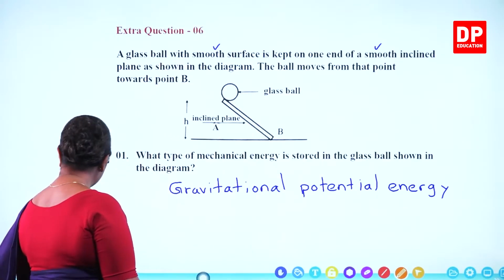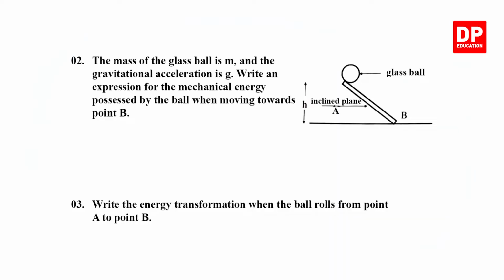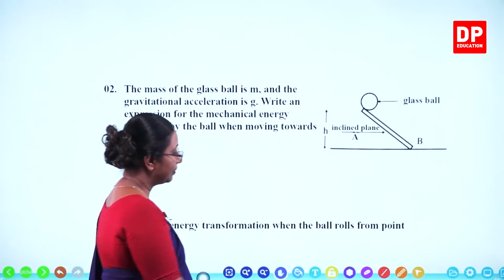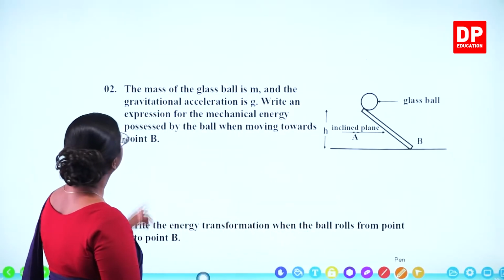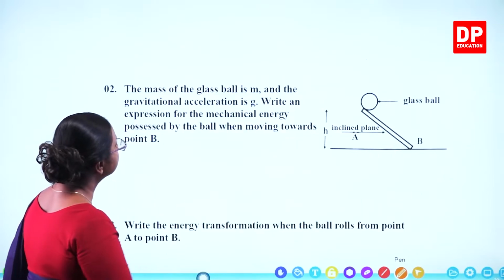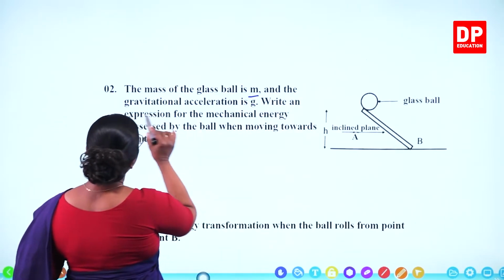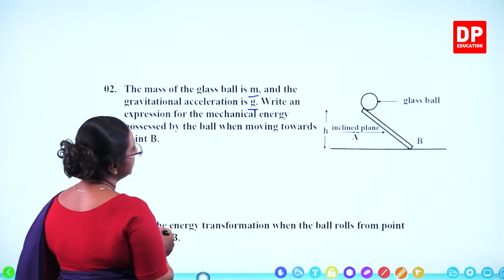Then we'll move on to the next part of the question. The same diagram I have already explained to you all. So if we look at the second part, the mass of the glass ball is m and the gravitational acceleration is g.